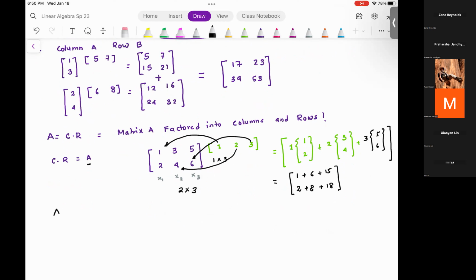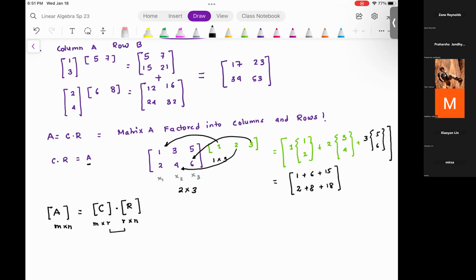So let me take a most general matrix M times N. If I were to represent that as a column matrix and a row matrix, I can write this as M times R times N, and this would give me my final matrix, M times N. This is called the factorization of the matrix A into the row space and the column space.